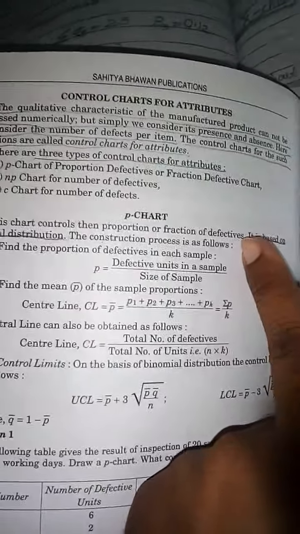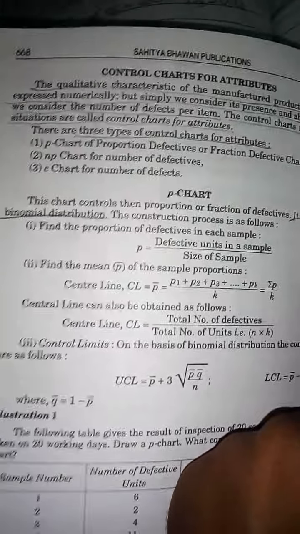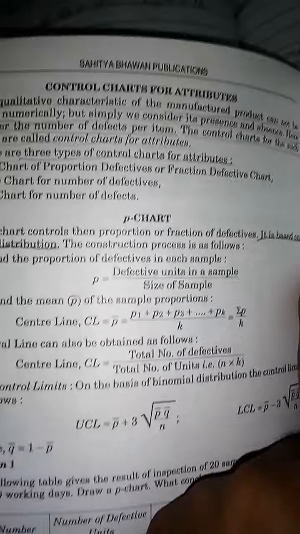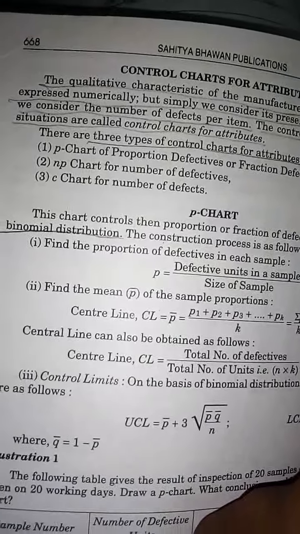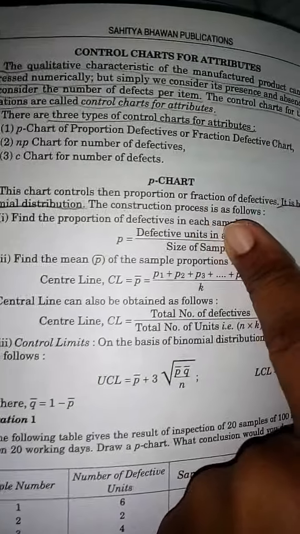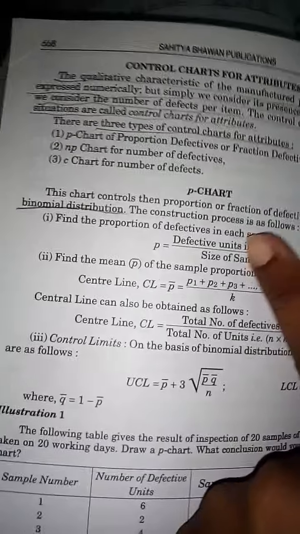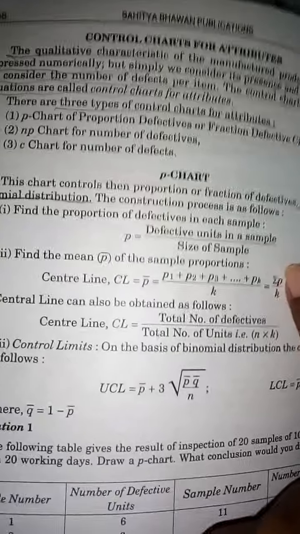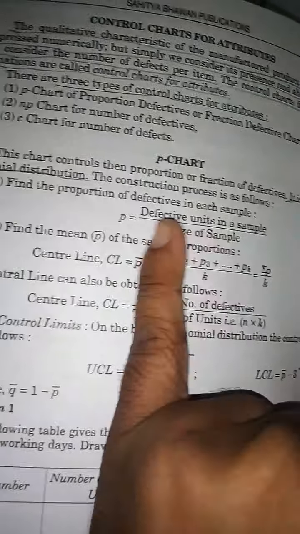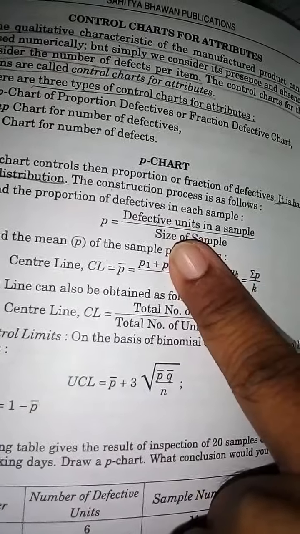Now the control charts for each situation are called control charts for attributes. Here also there are three types: P chart, NP chart and C chart. The P chart, proportion or fraction of defective, is based on binomial distribution, and P equals defective units in sample divided by size of sample.